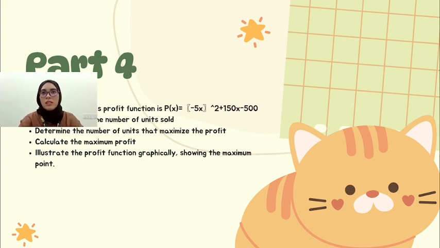Okay, so next is part 4, question number 7. The question is, a manufacturer's profit function is P(x) equals negative 5x squared plus 150x minus 500, where x represents the number of units sold. First, we have to determine the number of units that maximize the profit.